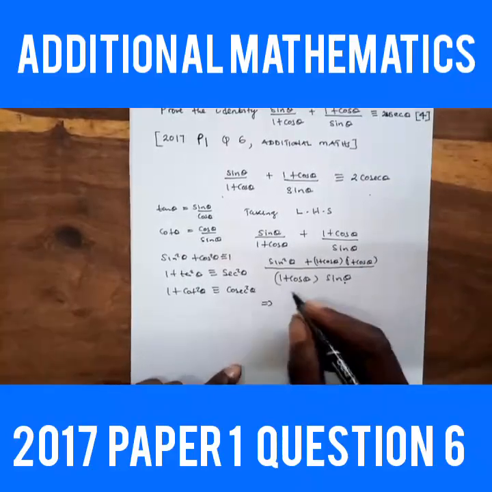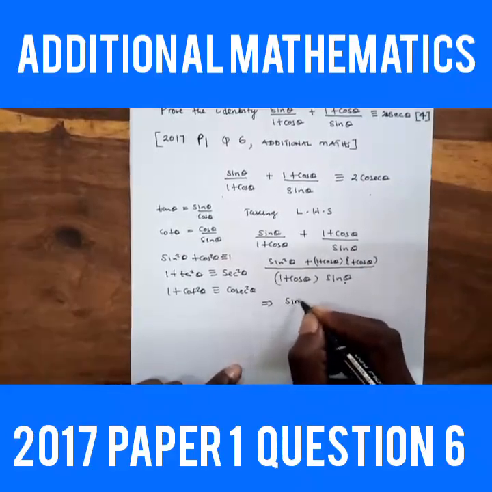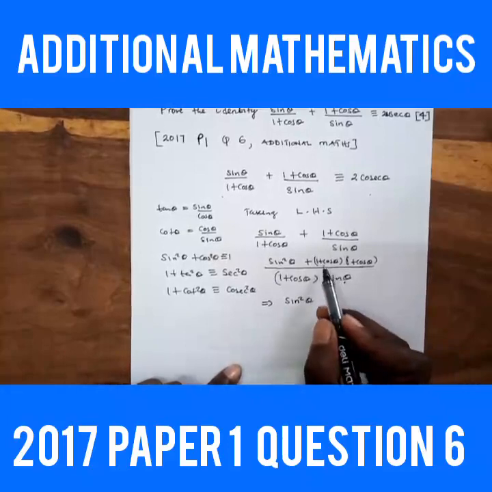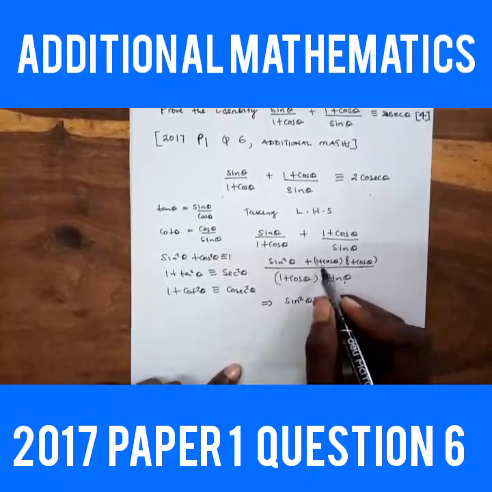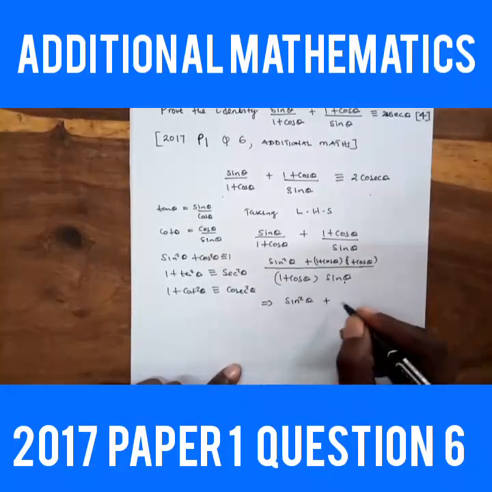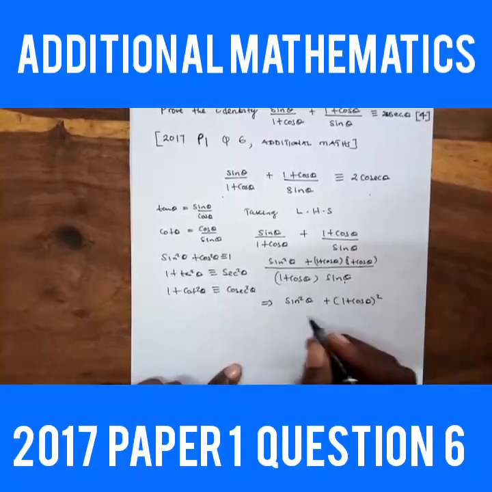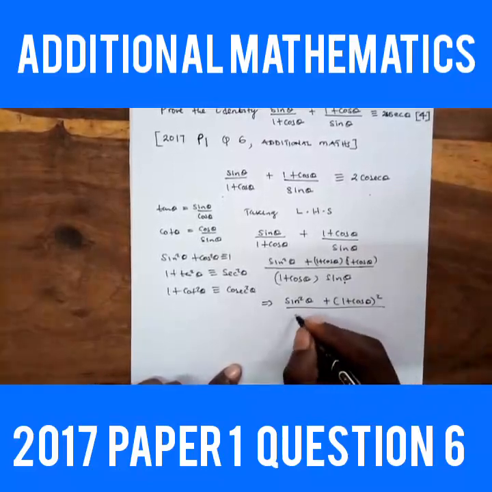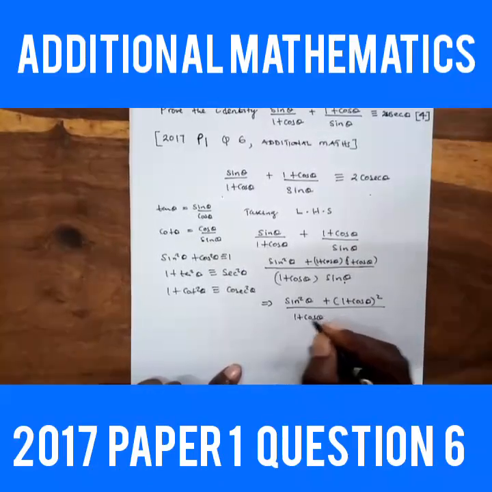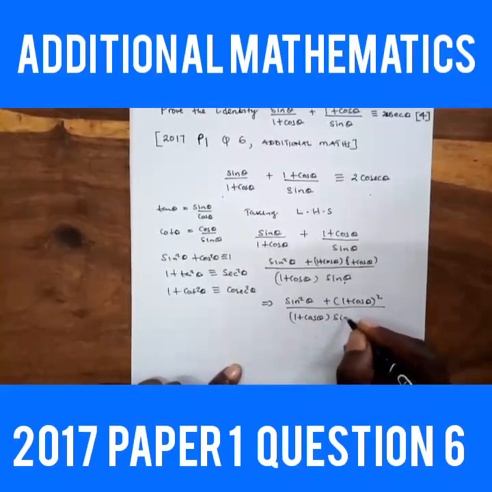So this will reduce to sine squared theta. Take note, this is repeated, so instead of having 1 plus cosine theta twice, I can just have 1 plus cosine theta squared. Then everything divided by 1 plus cosine theta multiplied by sine theta.